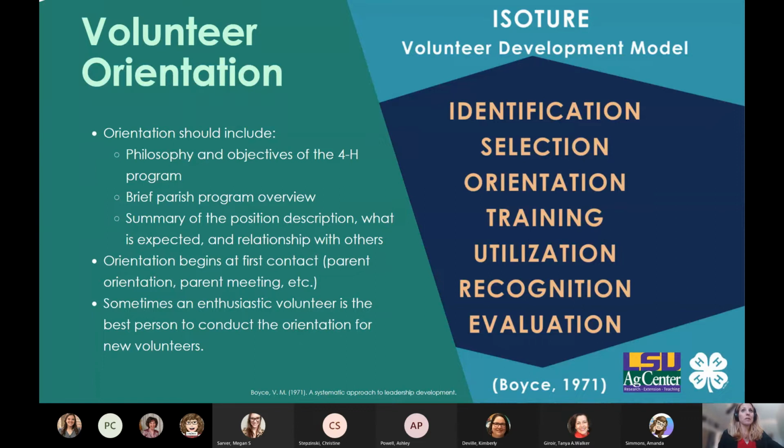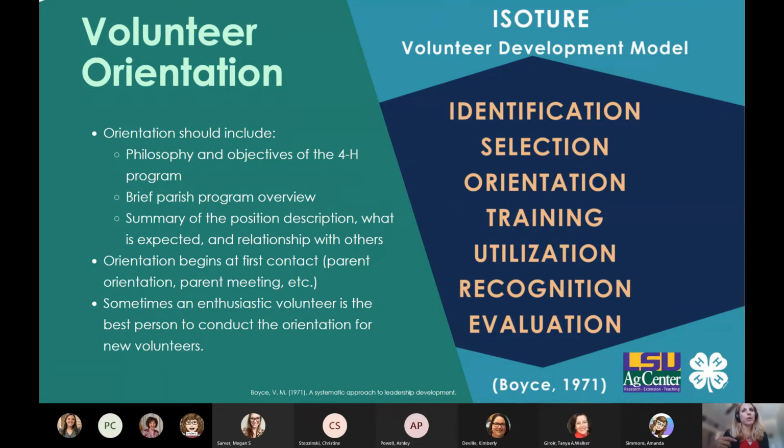Other leaders that have been successful could even come in and teach some of those topics. Orientation doesn't just start with that one training. It actually starts at that first contact. I've seen agents that have been very successful at making parent orientation also a component of leader orientation, and also a component of leader recruitment. So think about when you're going to have an opportunity to connect with those leaders and provide them with the essential materials they need.